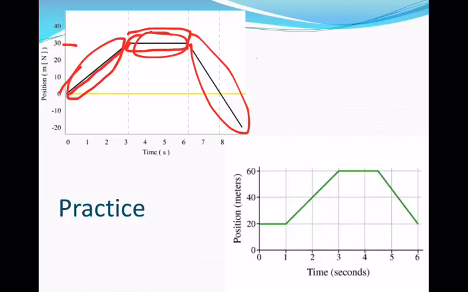And then after that, notice how the slope gets negative? They go in reverse and head back. They pass the place where they started, and they go way behind it down here to -20.